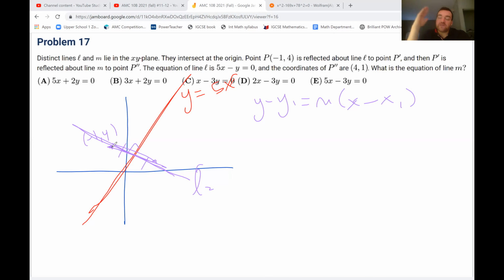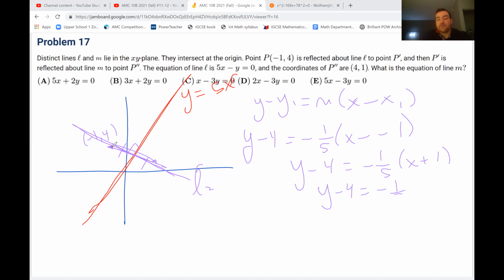Because we know the line is perpendicular, it has to have a slope that's the opposite reciprocal. The opposite reciprocal of 5 is -1/5. So we do y minus 4 equals -1/5 times (x minus -1). That gives us y minus 4 equals -1/5 times (x plus 1), or y minus 4 equals -1/5 x minus 1/5.